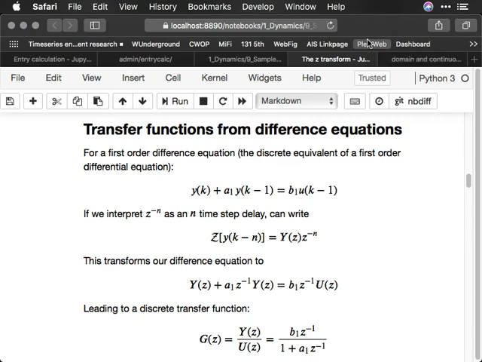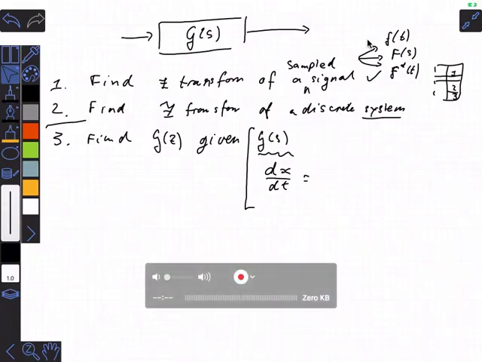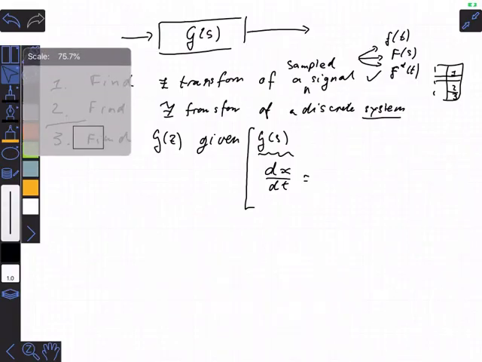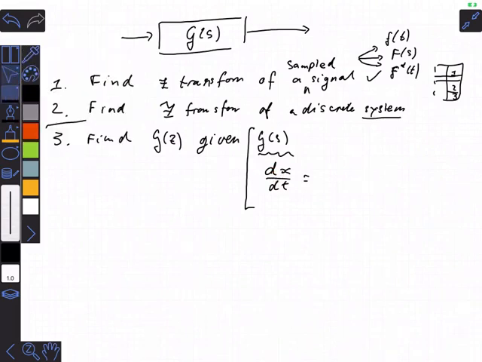And the obvious route to do that is to take that derivative and do something like a first order difference approximation to that derivative. So to say something like, well, dx/dt is approximately equal to (x_k minus x_{k-1}) divided by delta t.